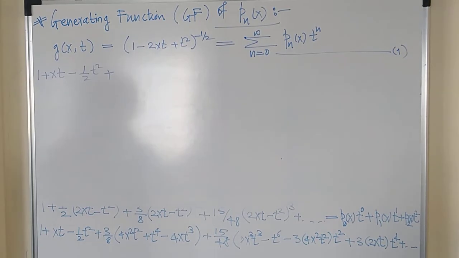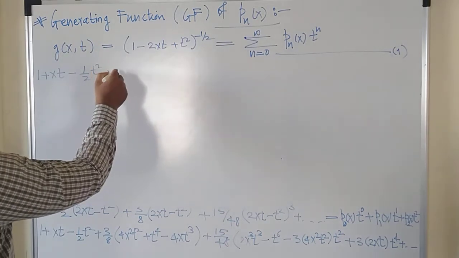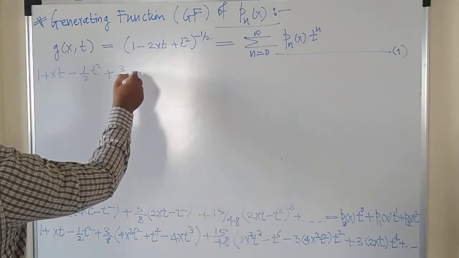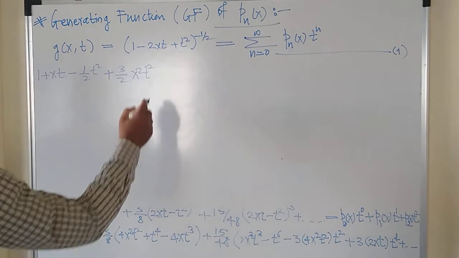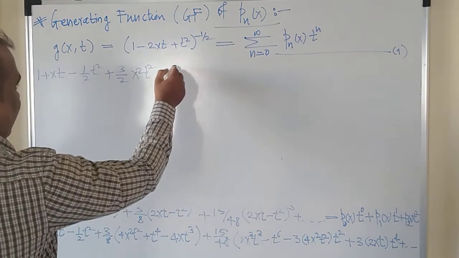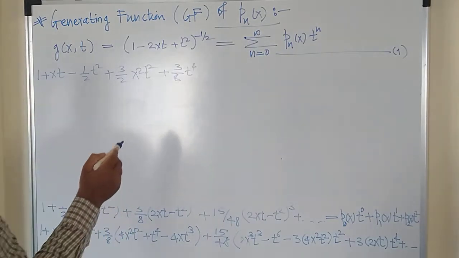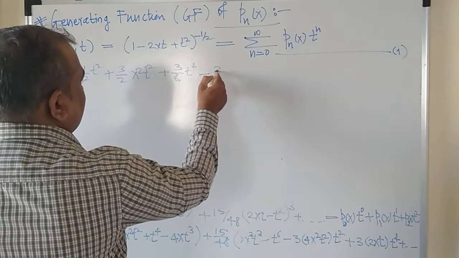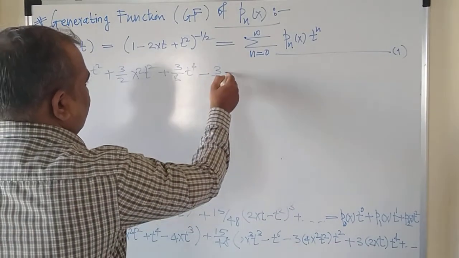So let us write the t square terms, or let us simplify this. This will be 3 by 2 x square t square, plus 3 by 8 t raised to power 4, minus 3 by 2 x t cube.